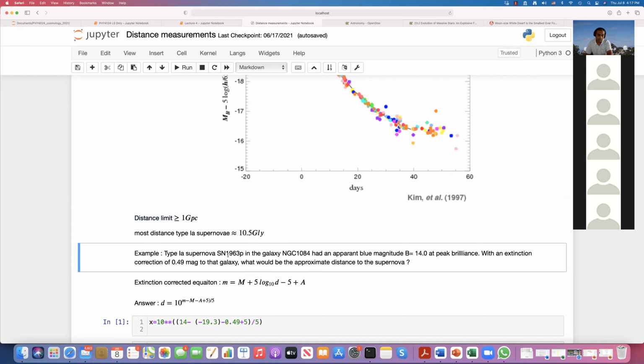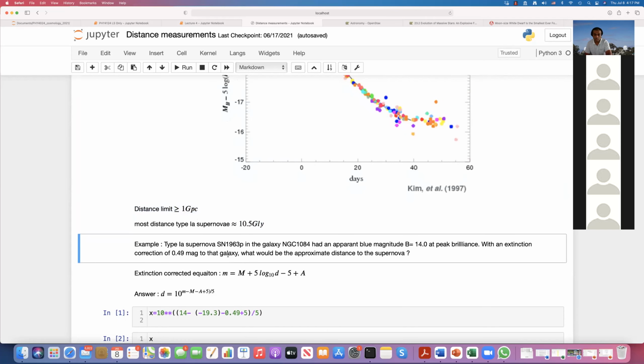Now, I have an example here to show you how you can use these type 1a supernovae to find the distance to a galaxy, right? There is a type 1a supernova called SN 1963P. That is the name given to that particular supernova in the galaxy NGC 1084, right?